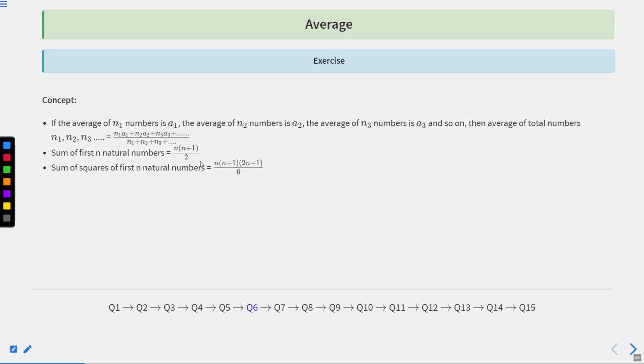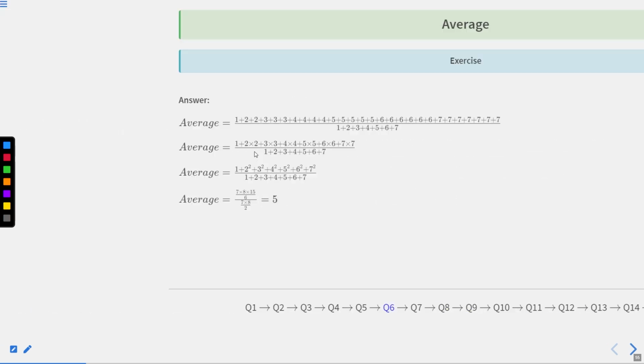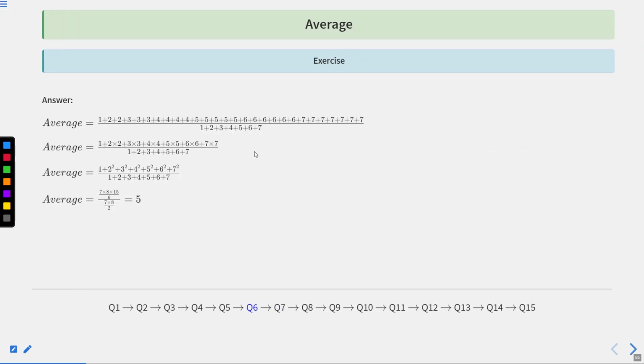The sum of first n natural numbers is n times n plus 1 upon 2, and the sum of squares of first n natural numbers is n times n plus 1 times 2n plus 1 upon 6. These are some useful concepts here.